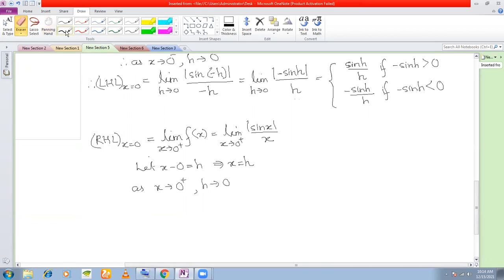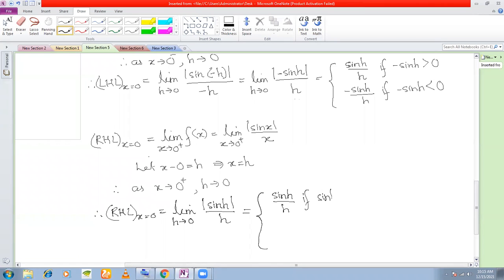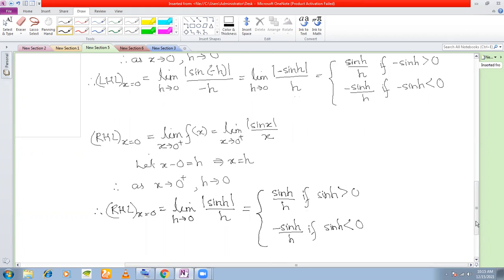So the right hand limit at x is equal to 0, changing everything in terms of h, is mod sin h by h, which again has two values depending on the modulus: it is equal to sin h by h if sin h is positive, and equal to minus sin h by h if sin h is negative.